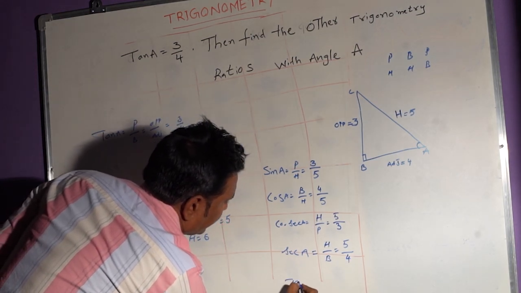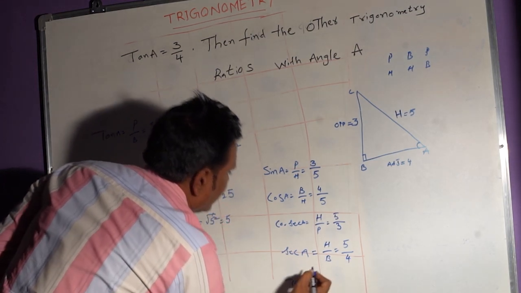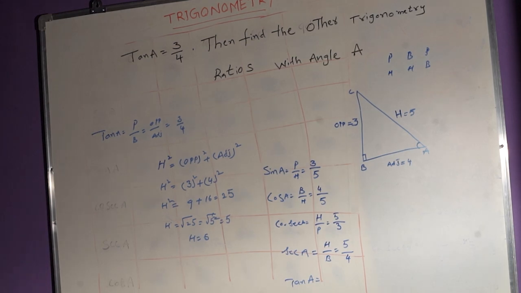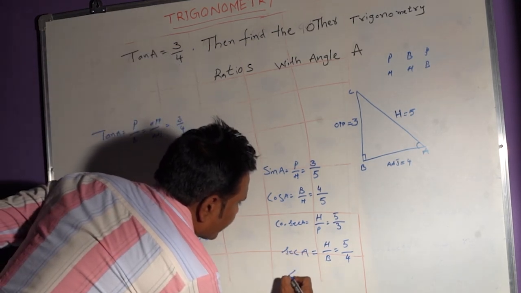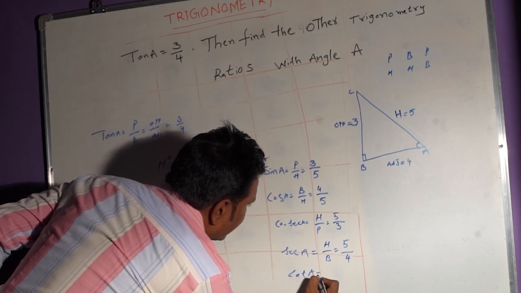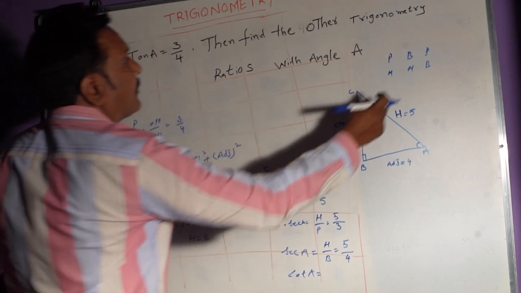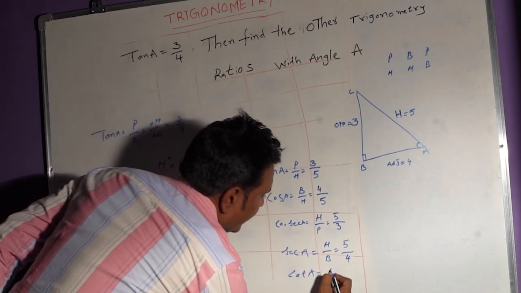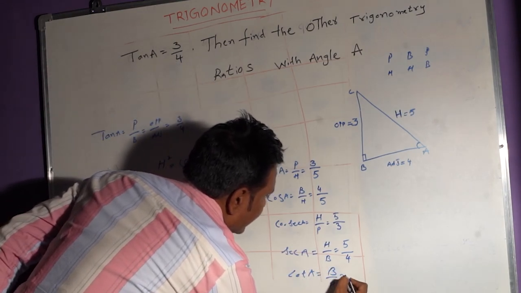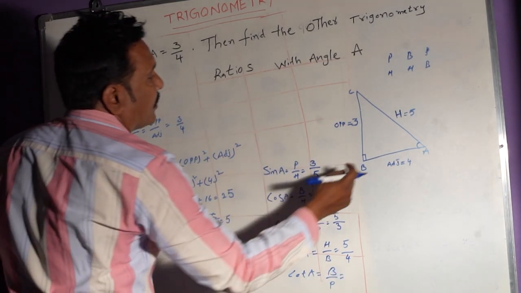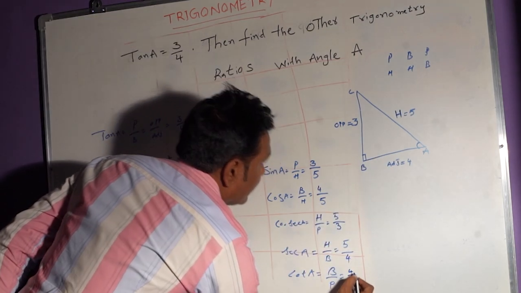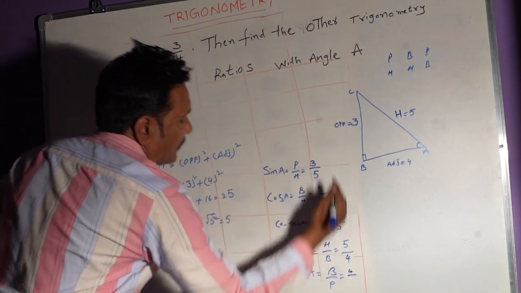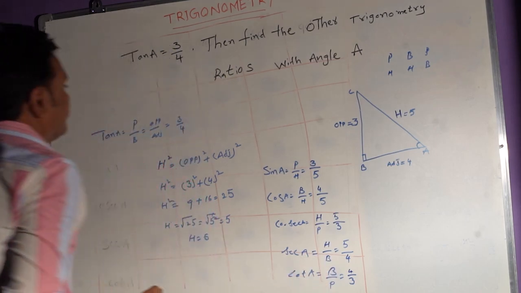Next tan value, sorry, next cot value. Cot A is equal to, cot means opposite of tan, B by P. B by P is the cot value. Adjacent is the B, 4, and P is equal to 3, so 4 by 3.